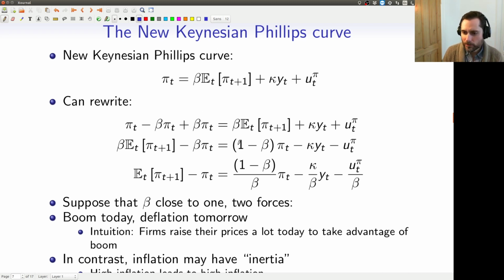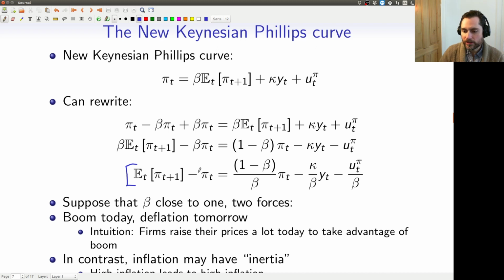So then we end up with (1 minus beta) times pi_t minus kappa y_t minus u_t^pi, and on the other side, beta times the expectation of pi_{t+1} minus beta pi_t. Then we can divide both sides by beta, and we end up with this expression here, which is interesting. This is the difference between expected inflation tomorrow and inflation today.